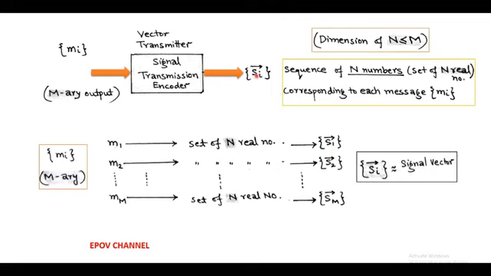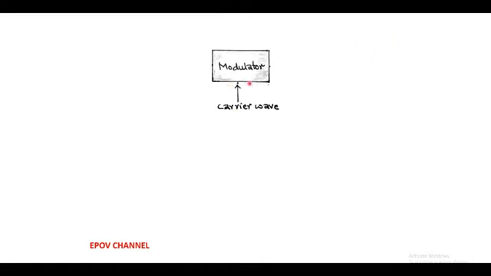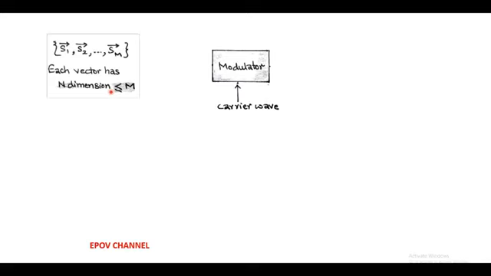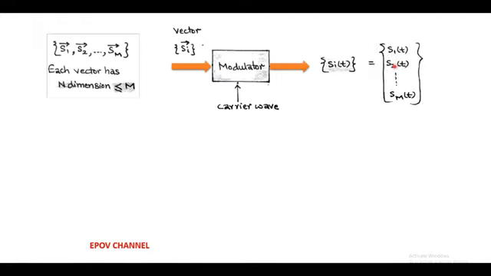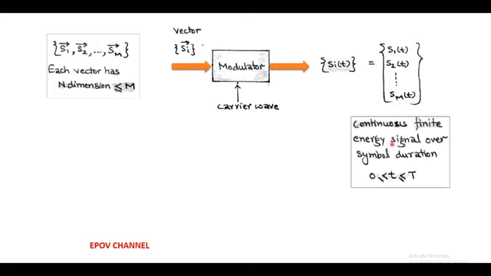This Si vector is also a sequence S1 vector, S2 vector up to SM vector, and each vector has n dimension which must be less than or equal to capital M. Now in the transmitter itself, the modulator converts the vector sequence Si vector into a sequence of finite energy signals, a function of time t called Si(t), which equals the sequence S1(t), S2(t) up to SM(t), corresponding to the continuous finite energy signal over a symbol duration of t greater than or equal to 0, less than or equal to capital T.